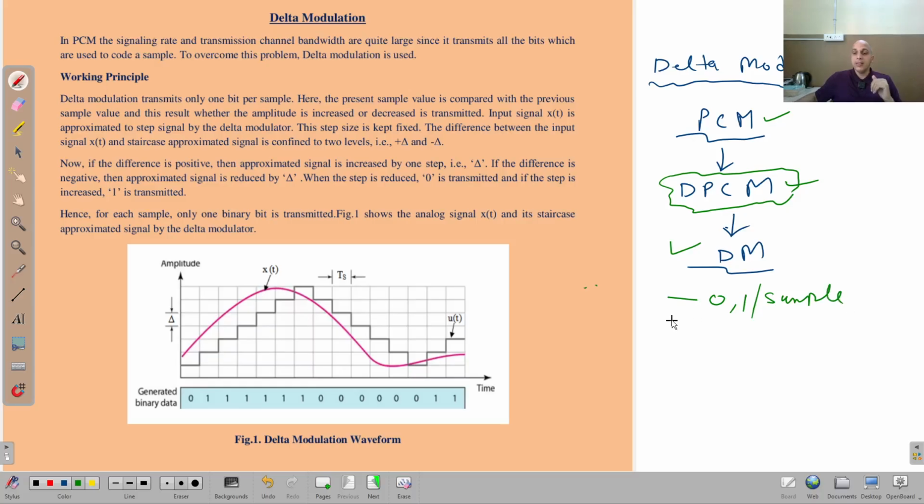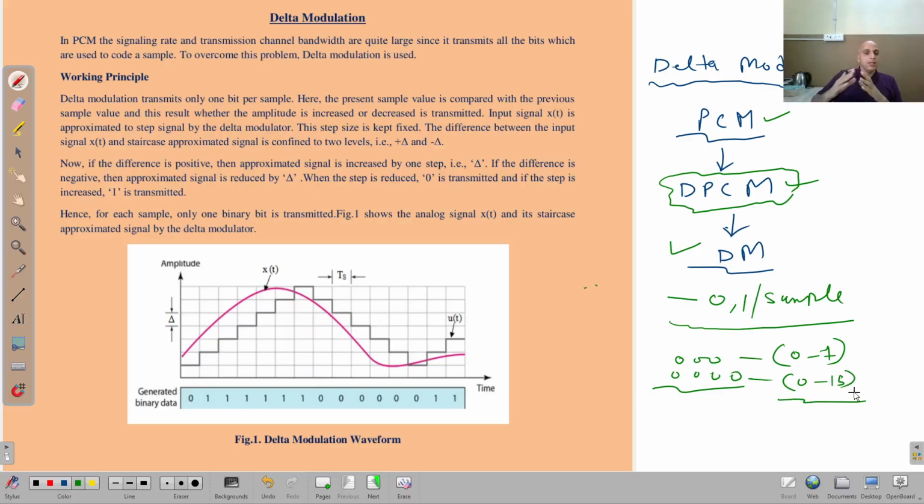I mean, in this particular case, if I want to represent a sample, earlier we were using either 3 bits or 4 bits for the representation of a sample. 3 bits were used when I was taking 0 to 7 reference levels, and 4 bits were used when I was using 0 to 15, 16 reference voltage levels.